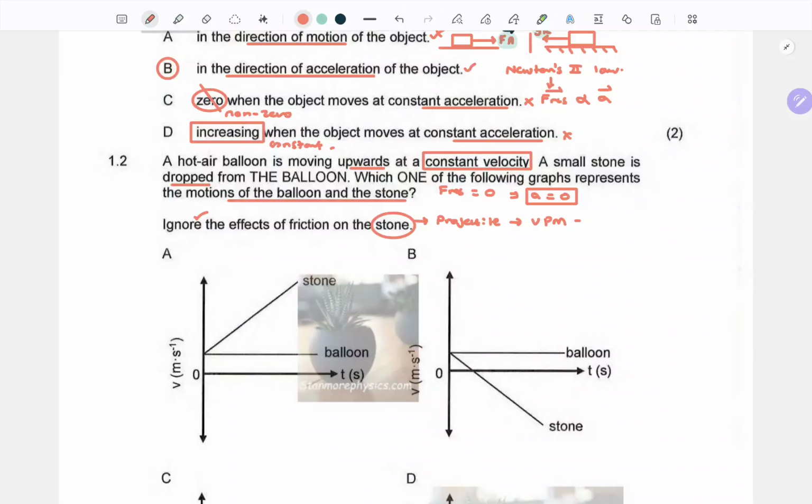And we know that in VPM, the resultant force, the F res, is the gravitational force, Fg. And it is always directed downward. And if this is the case, we know that this causes acceleration g, which is also downward. So this means this stone is going to accelerate due to gravity, because this is now the only force acting on the stone.